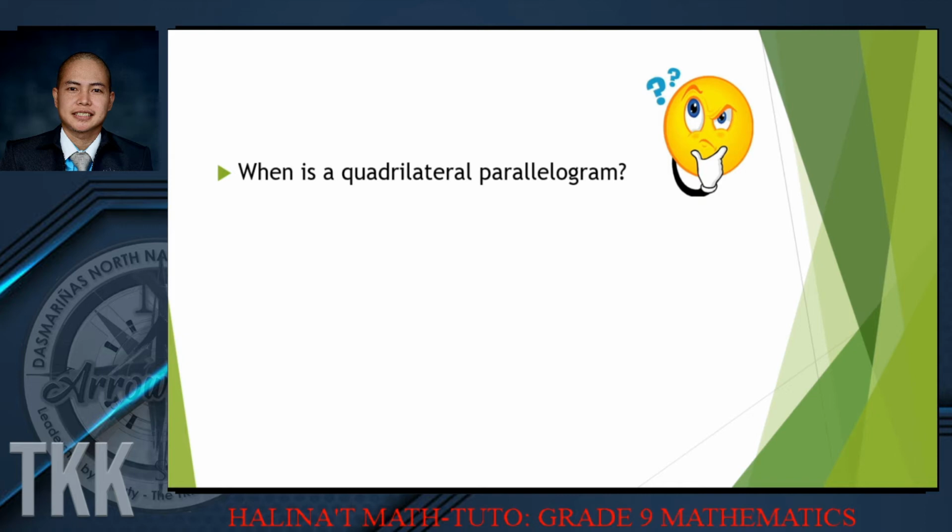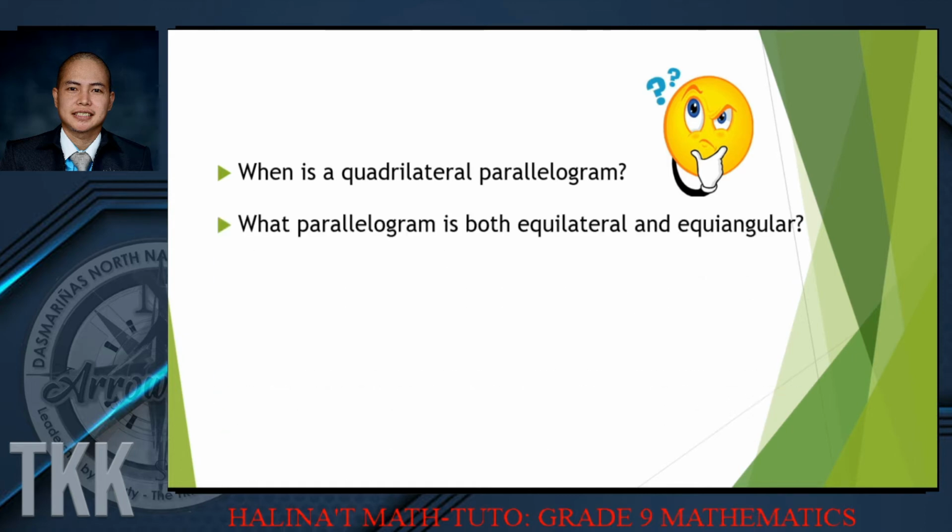Number 4, diagonals bisect each other. Number 5, each diagonal divides a parallelogram into two congruent triangles. If your quadrilateral has those properties, that means it is a parallelogram.